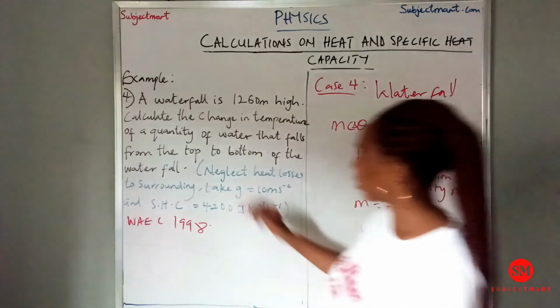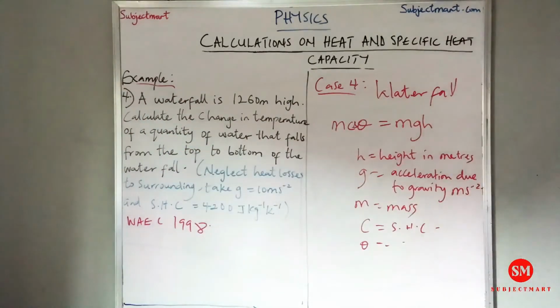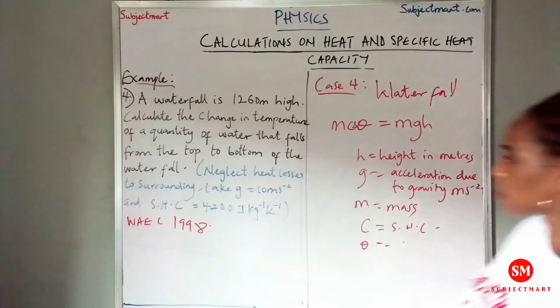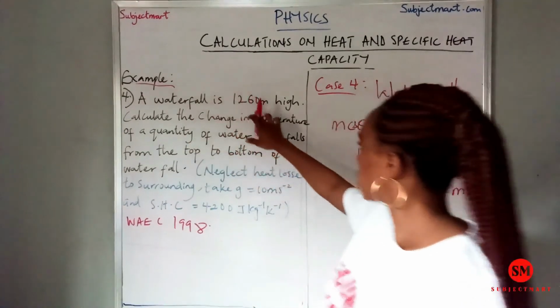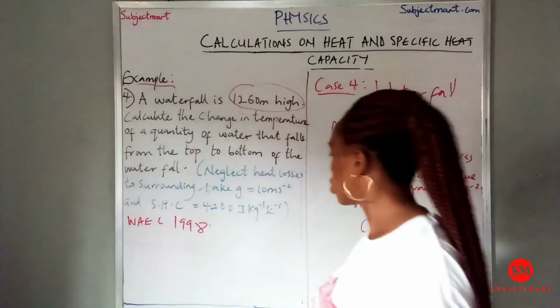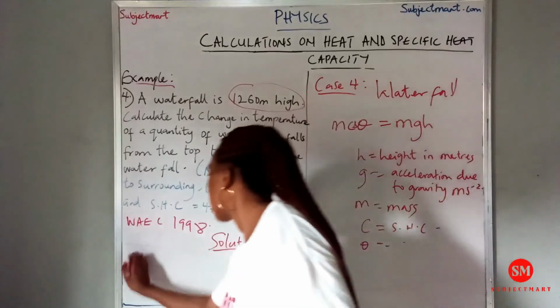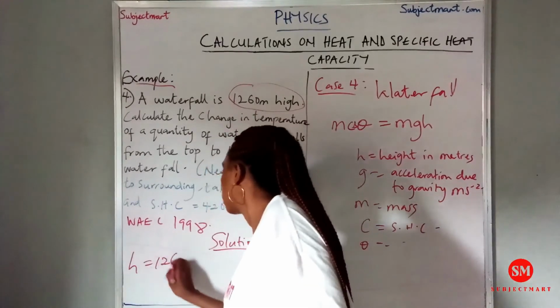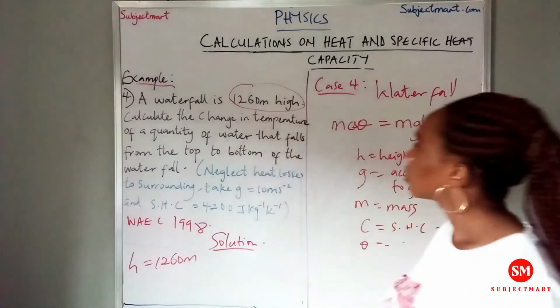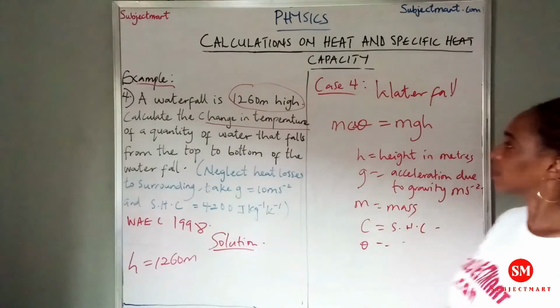So quickly, we have an example here that I would like us to solve together. It says a waterfall is 1,260 meters high. So, solution. The height is 1,260 meters. Calculate the change in temperature.